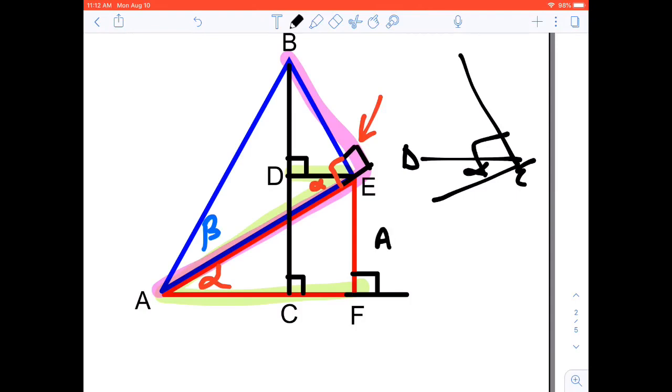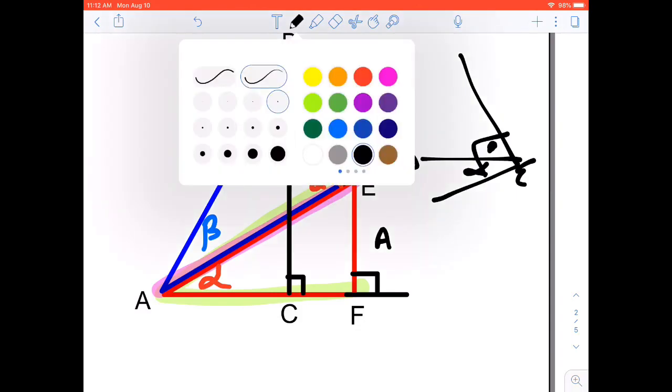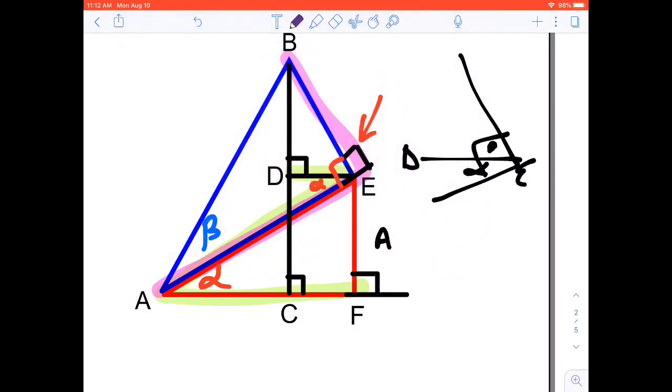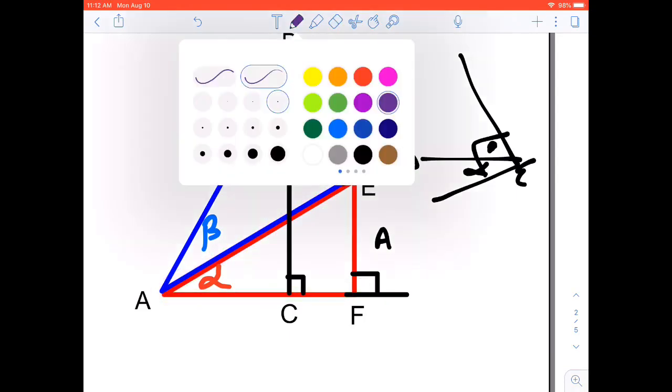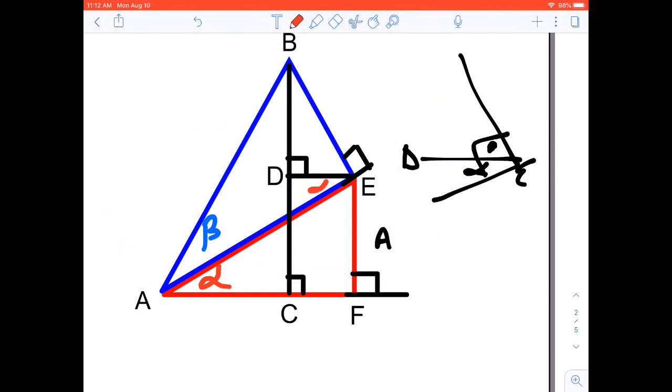If this angle is 90 degrees, that means this has to be a complement. So again, if this is alpha, then its complement right here has to be 90 minus alpha. Let's say alpha was 30 degrees. Then that means the purple angle would have to be 60 degrees, because 90 minus 30 is 60.